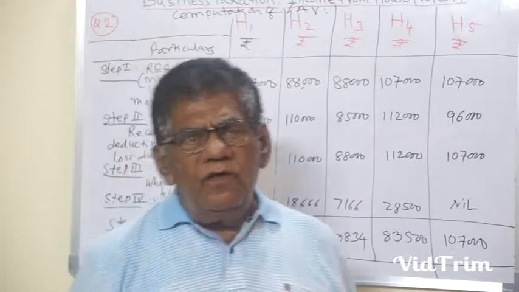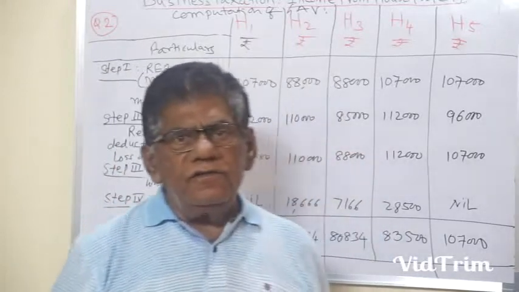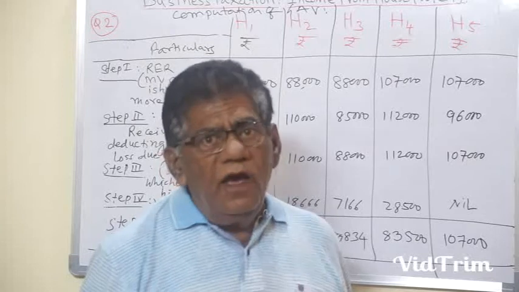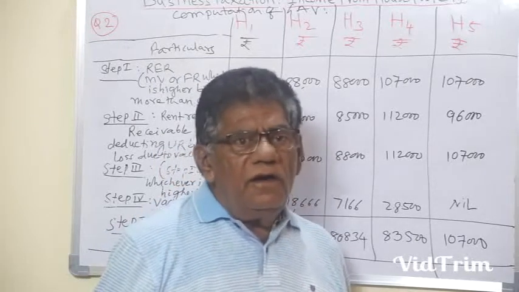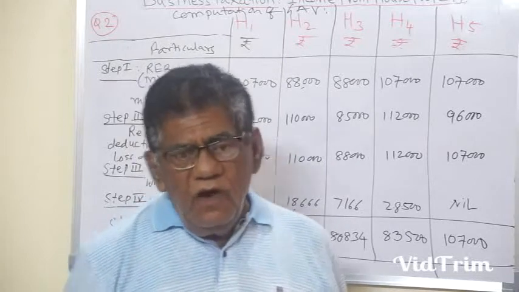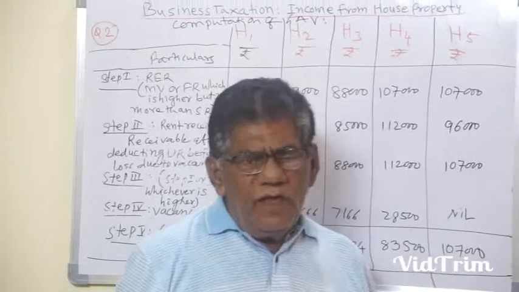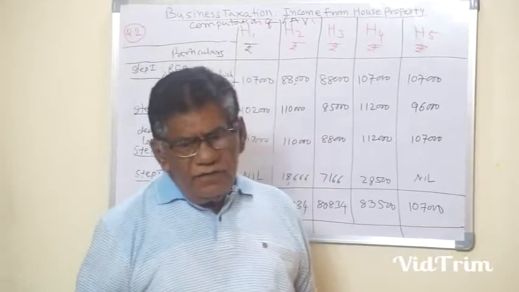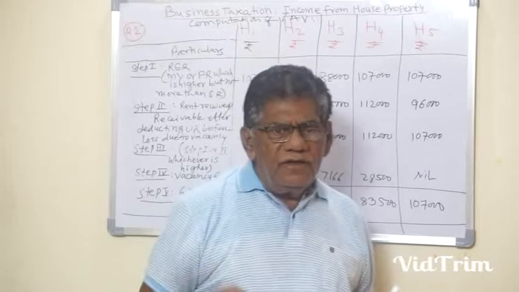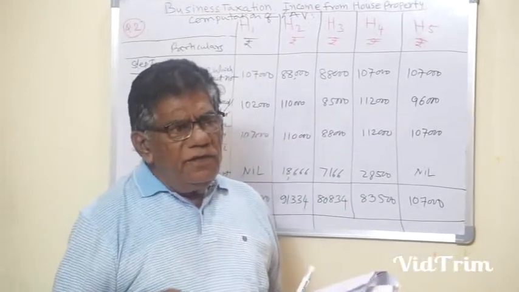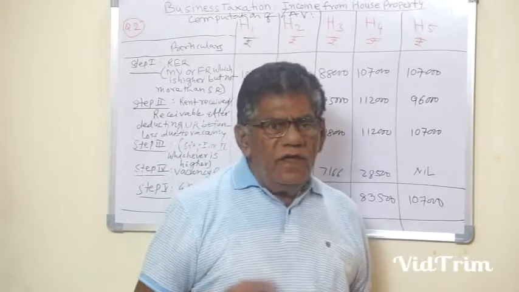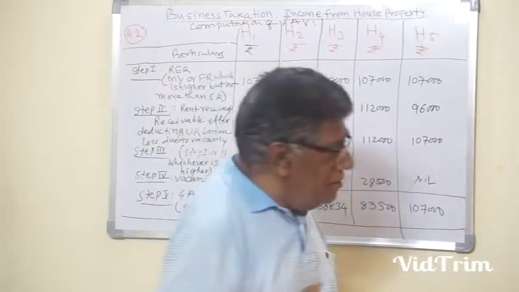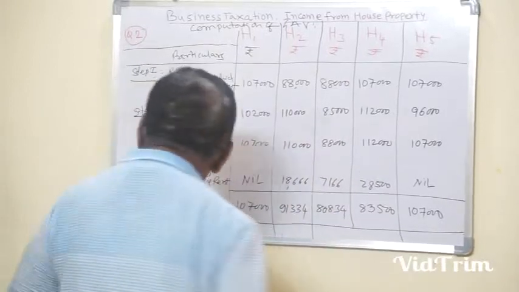From net annual value, we deduct the deductions under section 24(a) and (b): (a) is 30% of the net annual value, and (b) is interest on the loan or borrowed capital for the purpose of construction, repairs, renovation, etc. That is allowed, and after deducting A and B we get the income from house property on which tax is levied. Okay, so we will go for the actual question.